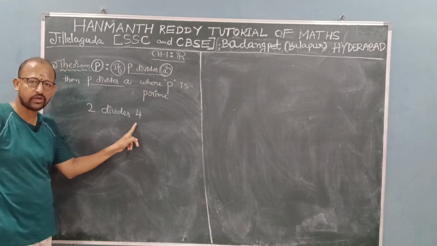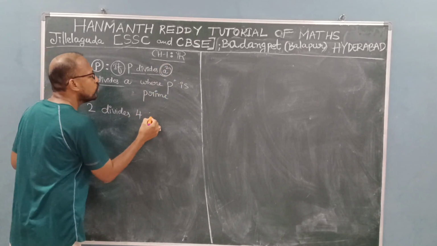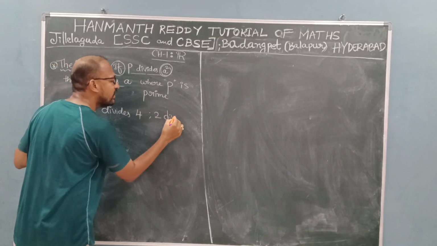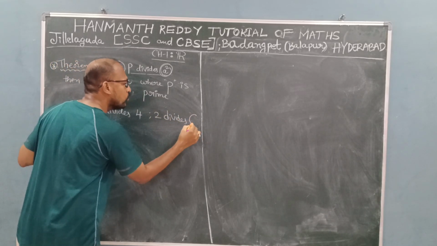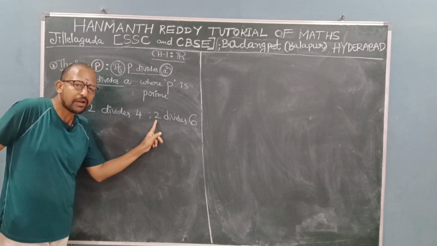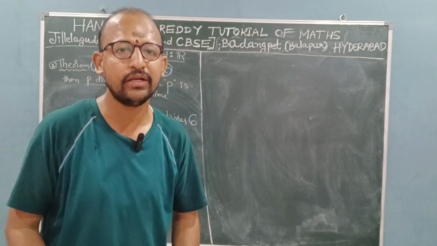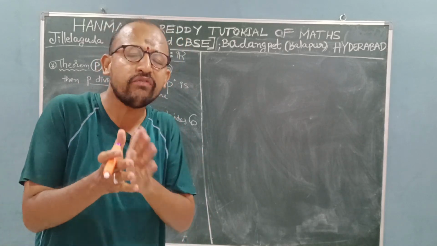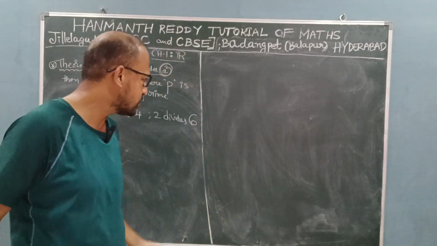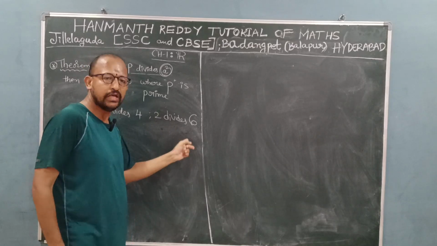See, 2 divides 6 is also correct because I will get remainder 0. 2 is a prime number, but 6 is not a perfect square. Obviously 2 divides 6, because if you divide 6 by 2 you get remainder 0.